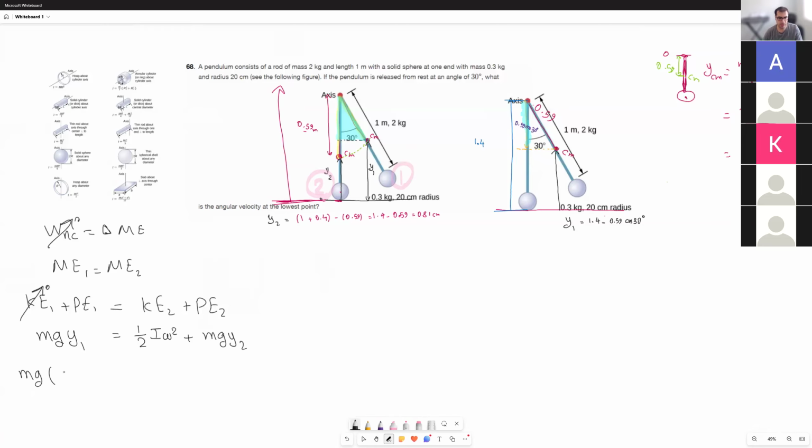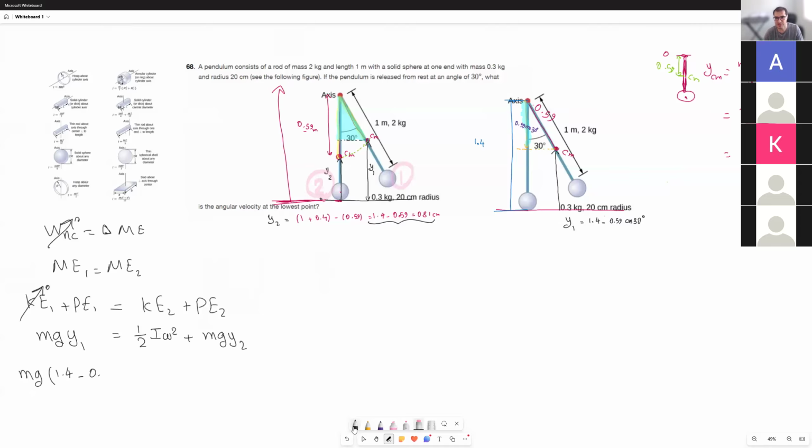So that's going to give me mg y1, which is this. You can just write down 0.81, or you can write down 1.4 minus 0.59. The reason I'm writing 1.4 is that you're going to see the 1.4 cancel out.